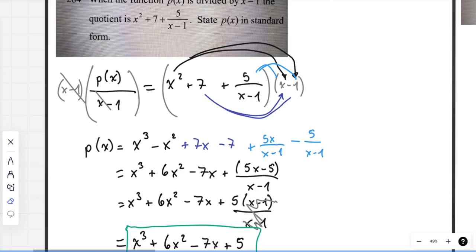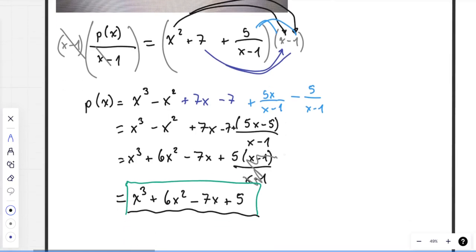Basically, that doesn't combine anymore. That's just minus x squared. We have plus 7x, and then we have the minus 7 plus that. Right, plus 7x minus x squared.